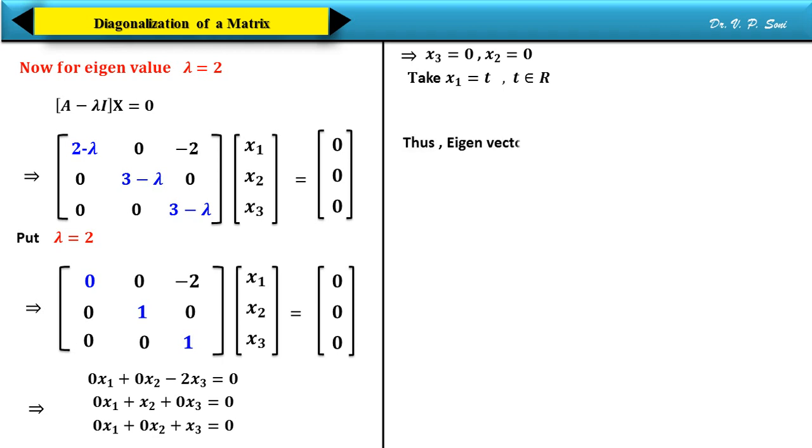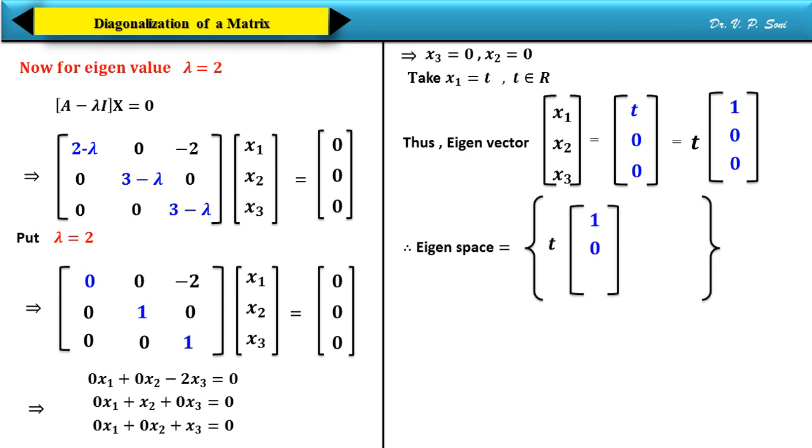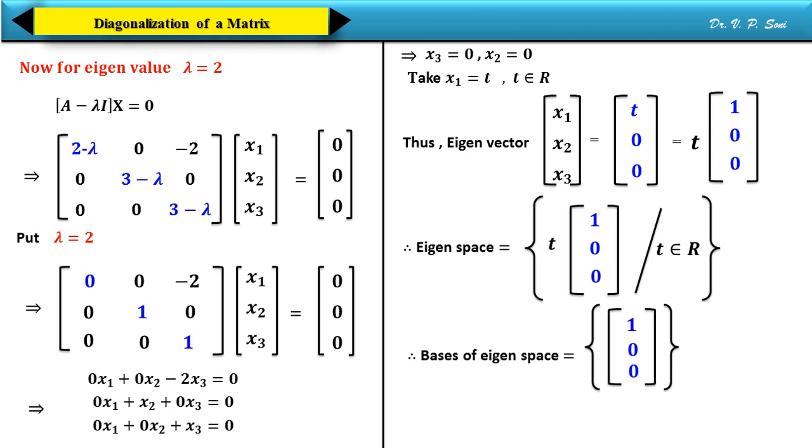Therefore the eigenvector (x1, x2, x3) = (t, 0, 0) = t(1, 0, 0). Therefore the eigenspace is the set of t(1, 0, 0) such that t belongs to R. Therefore the basis of the eigenspace is the set containing the vector (1, 0, 0).